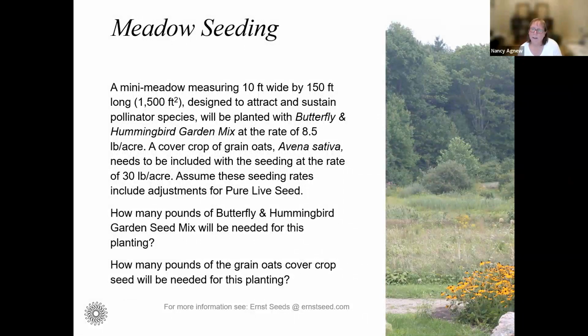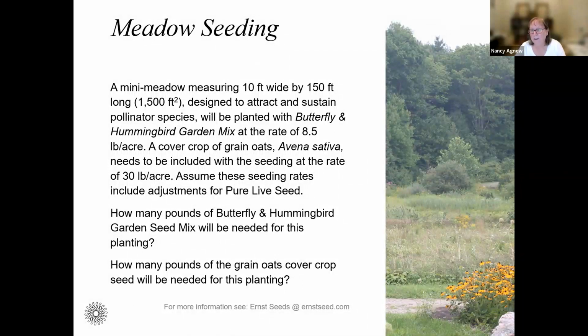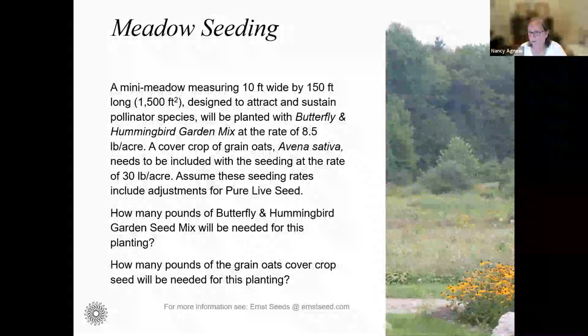Interestingly enough, when you establish a little meadow, you need to use the butterfly and hummingbird mix, but they also want you to add a cover crop of grain oats. This is in addition to seeding that hummingbird mix. The grain oats is recommended at 30 pounds per acre.